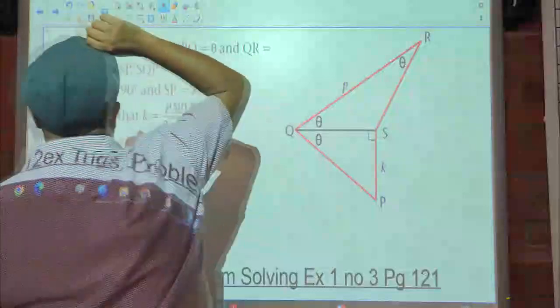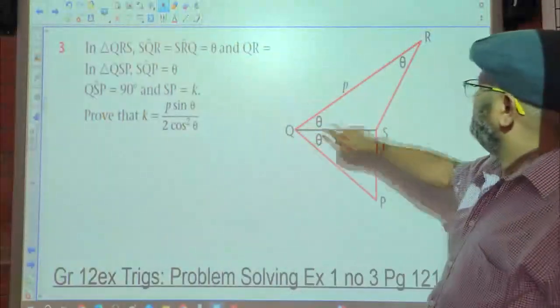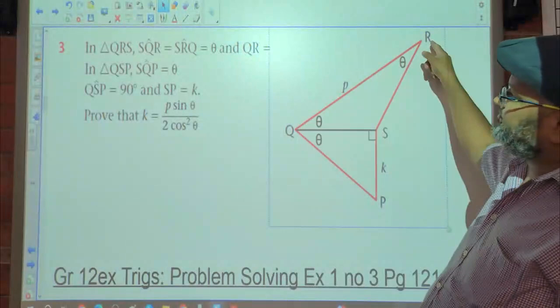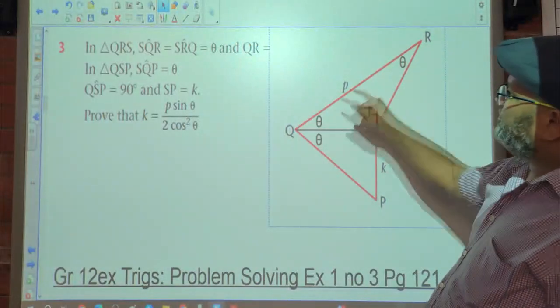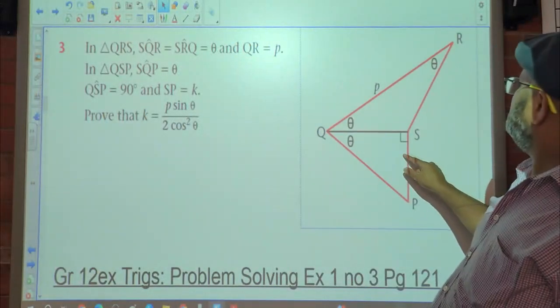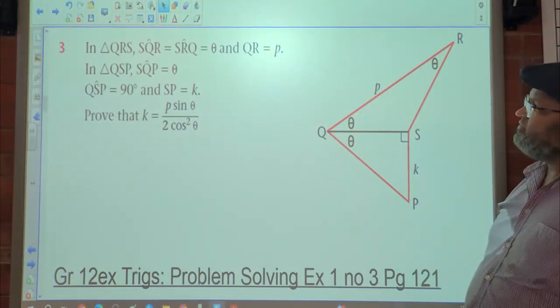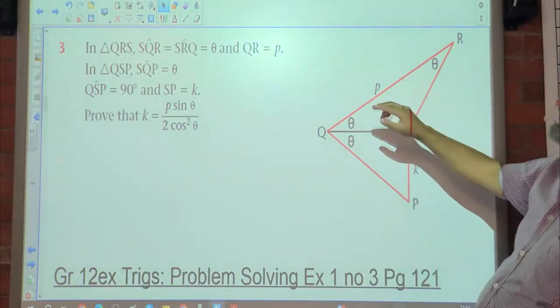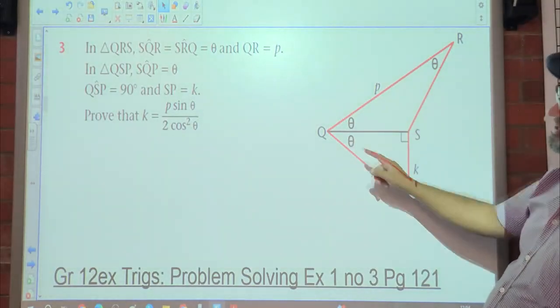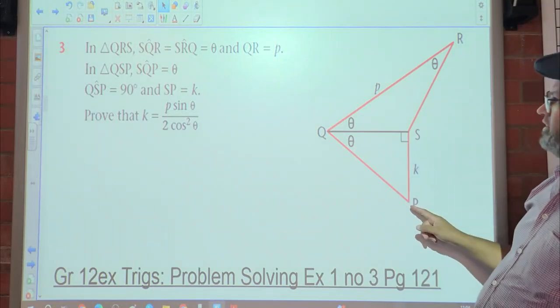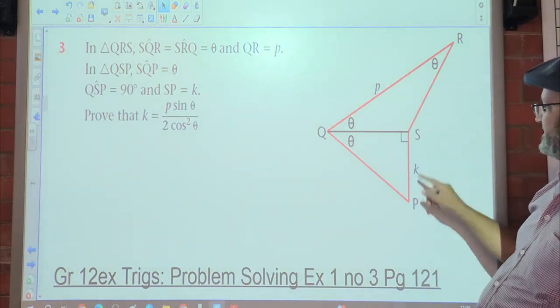We are told that angle SQR is equal to angle SRQ, which is equal to theta. Then we are told that QR is P, the other angle there, you have theta, you have 90, and you have SP, which is K.